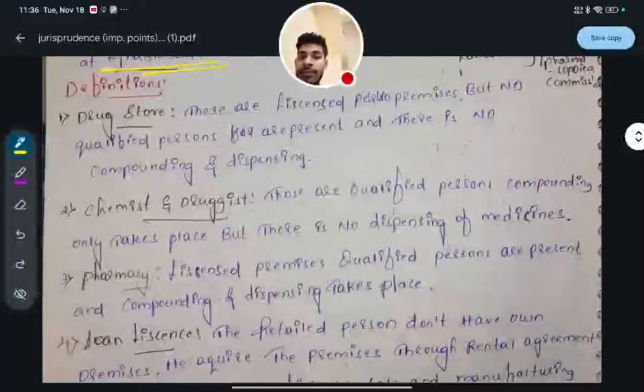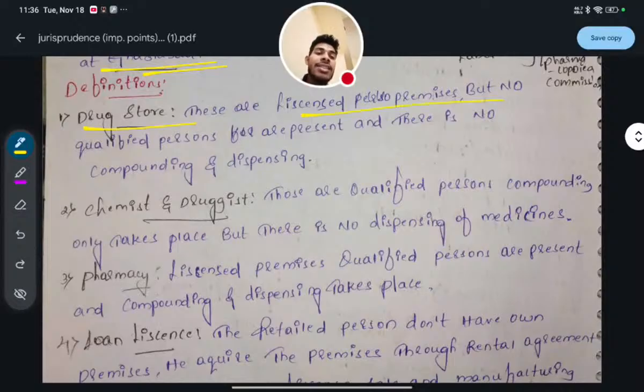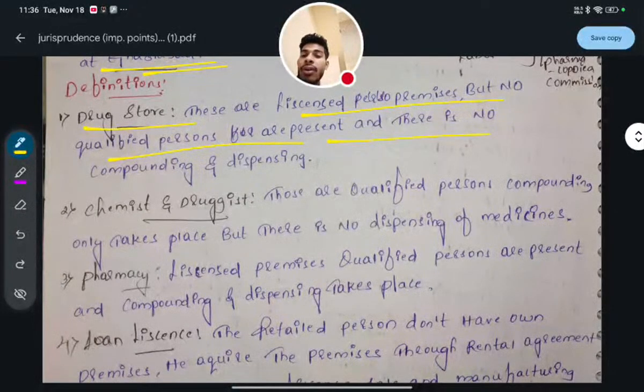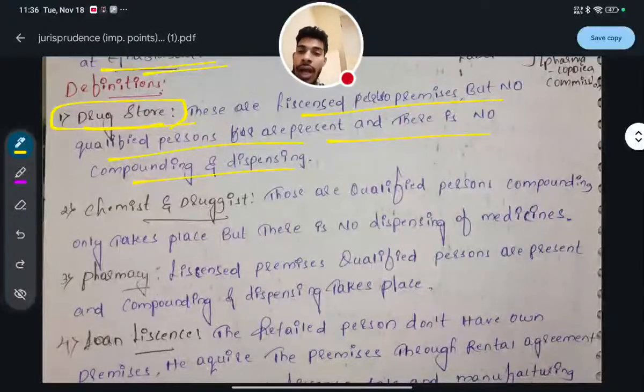Very important. First, the definition of drug store. These are licensed premises, but no qualified person is present and there is no compounding or dispensing. There is a difference between a drug store and a medical store. The area should be licensed.